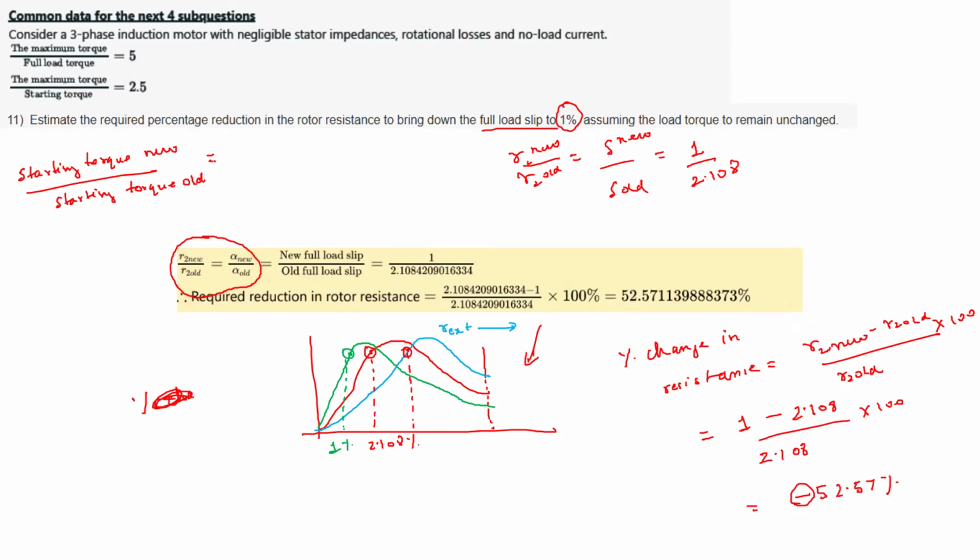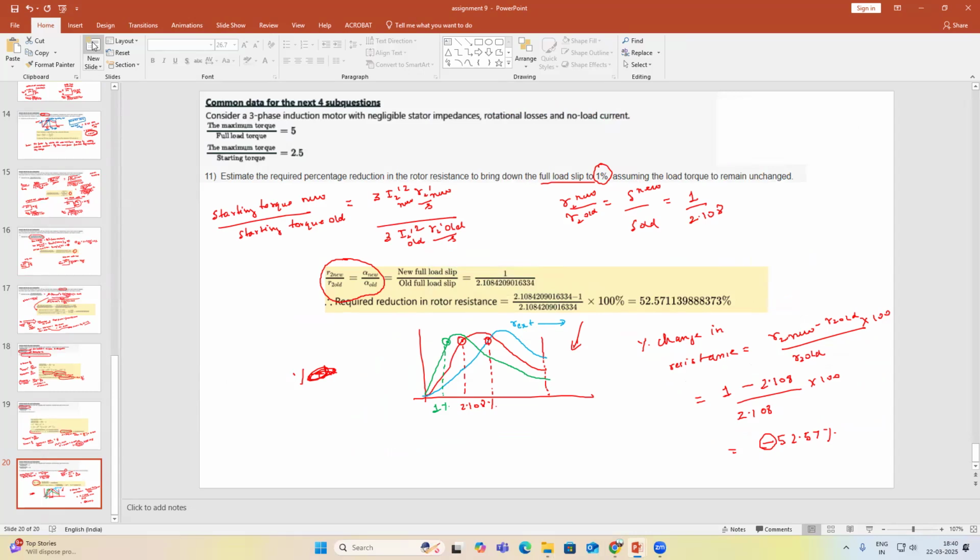You see the starting torque is proportional to 3 I2 dash square into R2 dash by S. This is R2 dash new, and this is 3 I2 dash square R2 dash old by S, and this is I2 dash new and I2 dash old. Now, I'll just discuss it in the new slide. Maybe that is better. Okay.